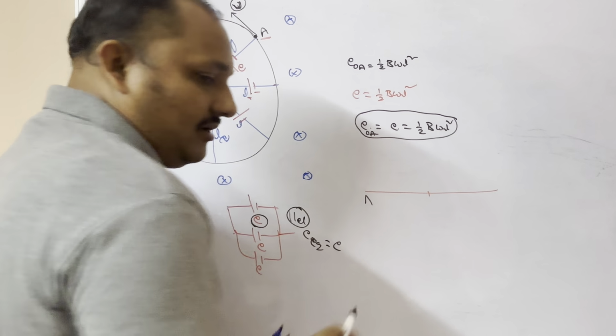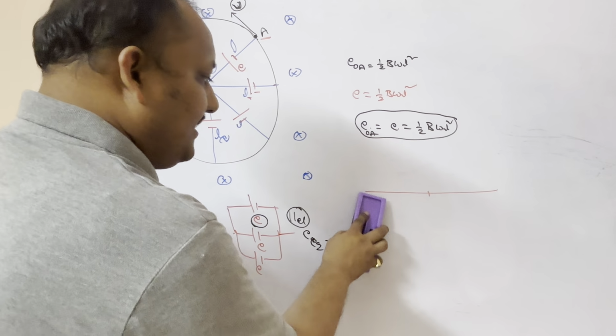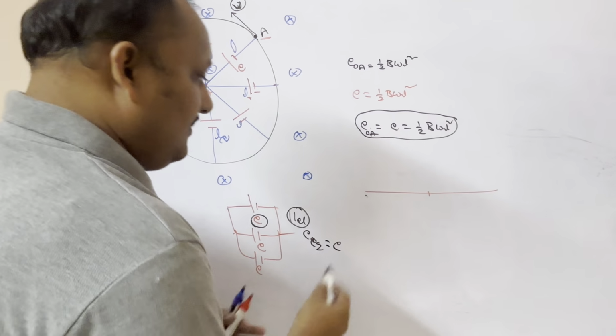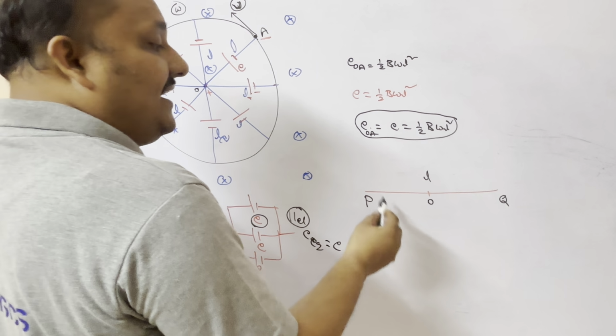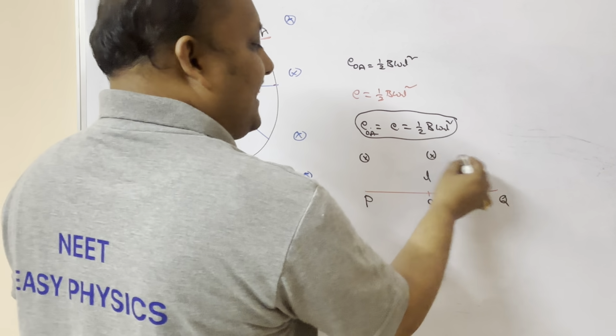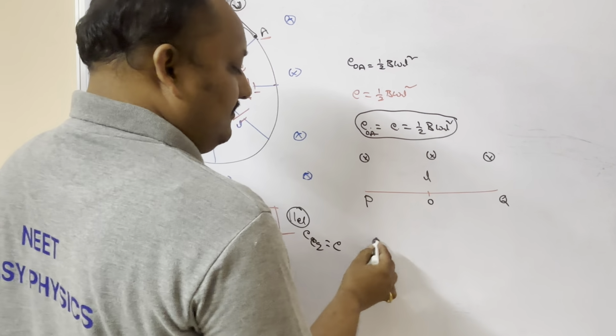Next, same thing. They are asking: take P and Q, and B is the magnetic field. PQ is a conductor of total length L. What is the effective EMF if it is rotating in a uniform magnetic field B?